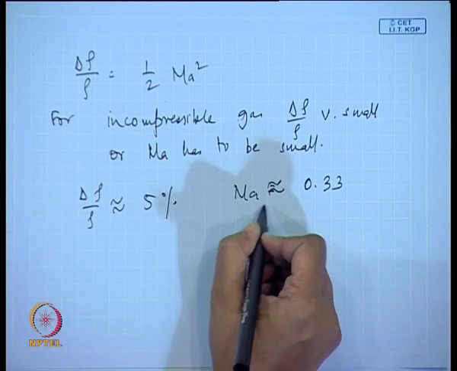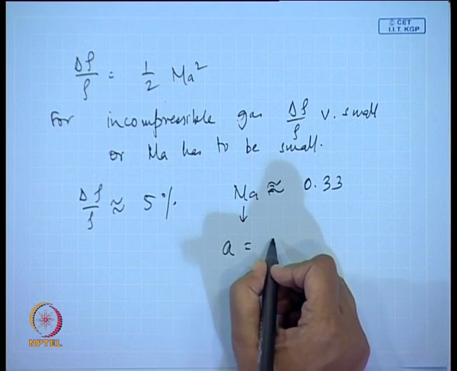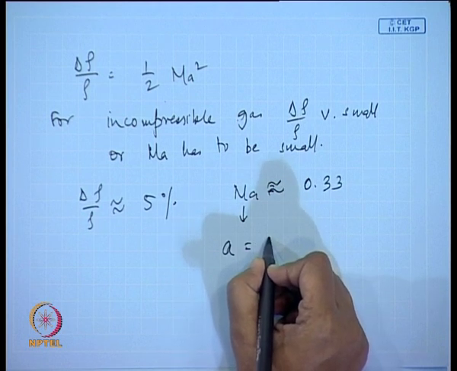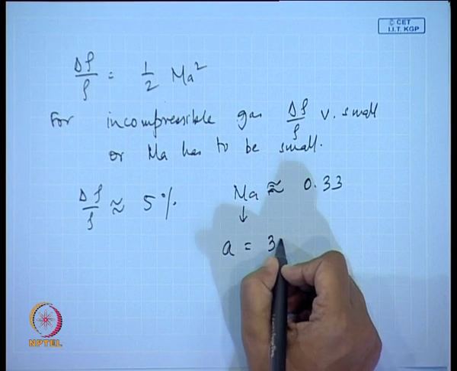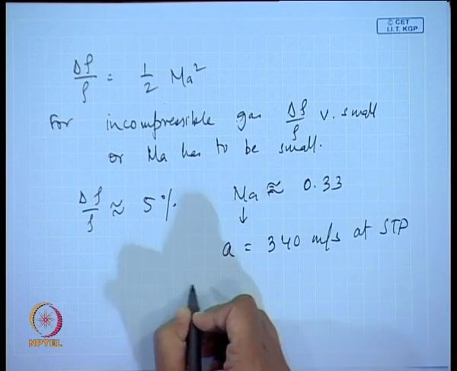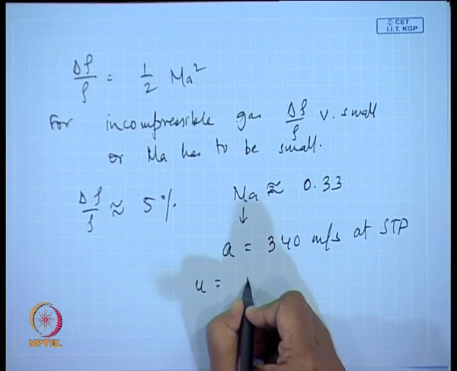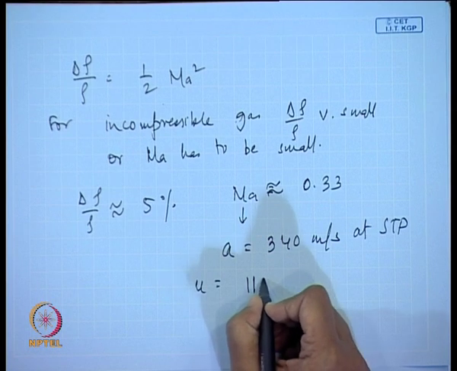And corresponding to this particular Ma, the A, the velocity of sound, we know it is 340 meters per second at STP. So, therefore, this gives you more or less about 110, 112 meters per second.